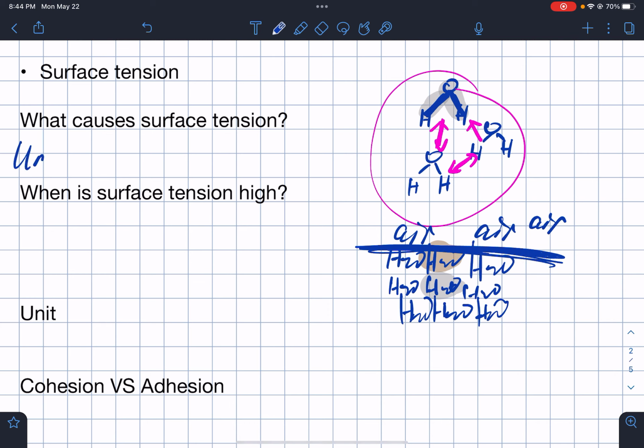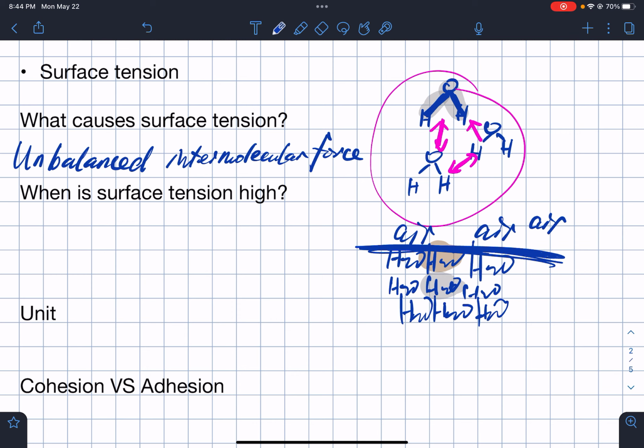So it's actually the unbalanced intermolecular force that causes the surface tension. And when is the surface tension high? When the water molecule really likes its own buddies. I just want to hang out with the other water molecules, I don't want to get anywhere close to the air, I don't want to have a bond with the air.